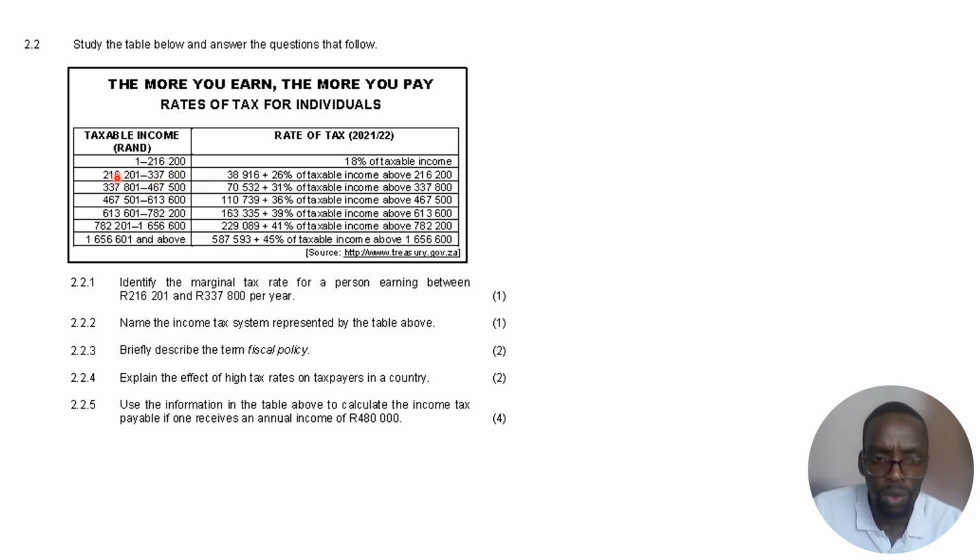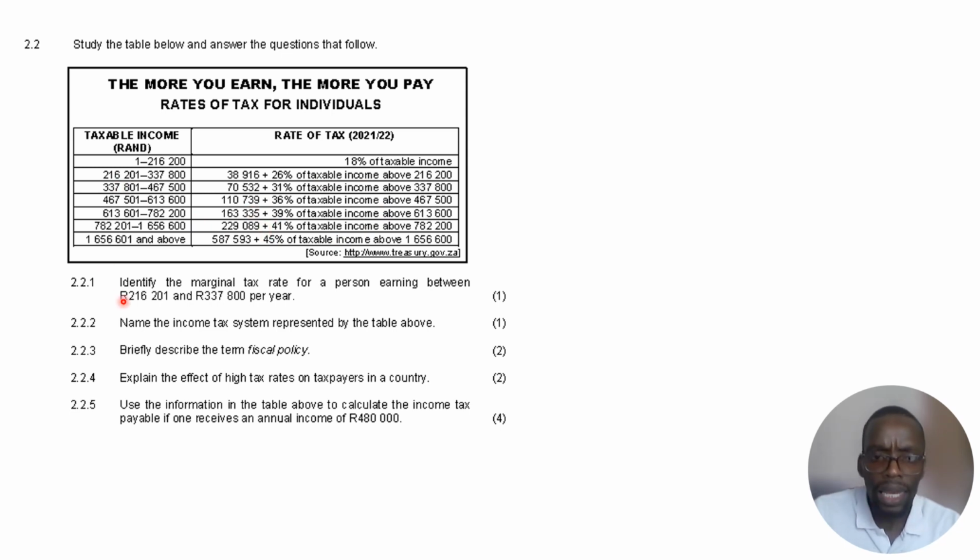So the tax is going to be calculated using this formula of 38,916 plus 26% of the taxable income above 216,200. Okay, so that's how we apply the formulas.